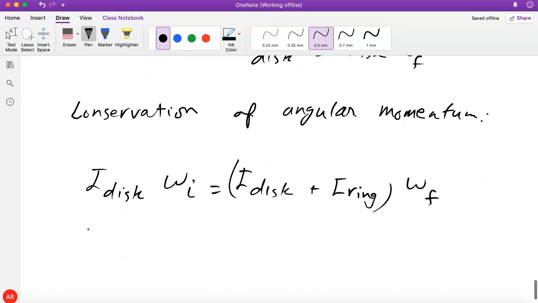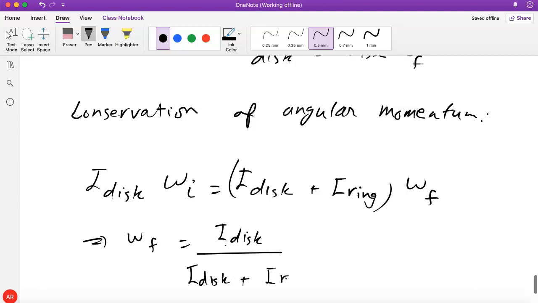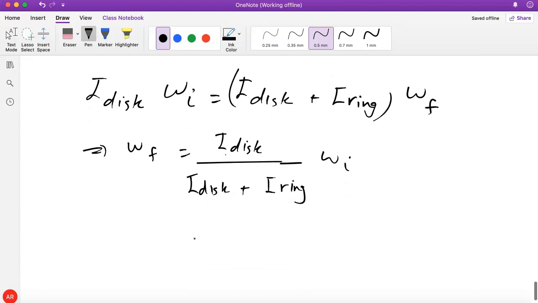So from here we find omega f is I disk over I disk plus I ring times omega I. All right, so now we just look back at what these things are.